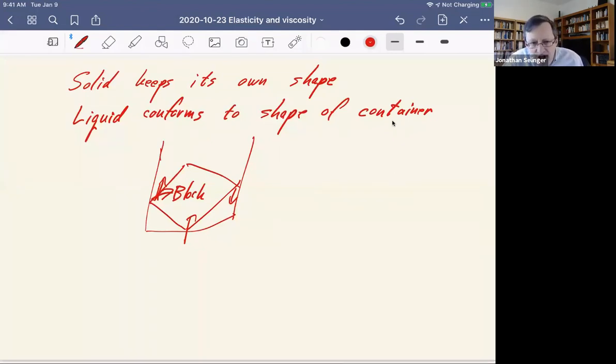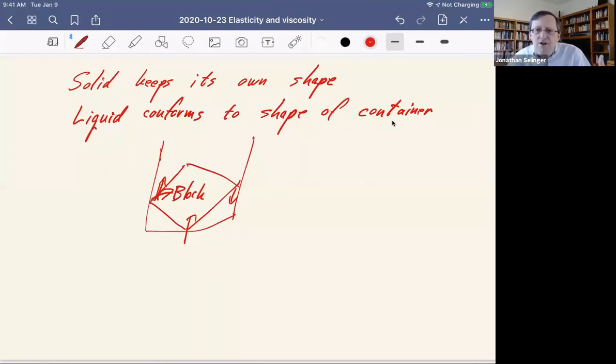By comparison, for a liquid, if you put it into a container and it doesn't initially have the same shape as the inside of the container, then it will start to flow. And it will keep on flowing until it gets the same shape as the container.